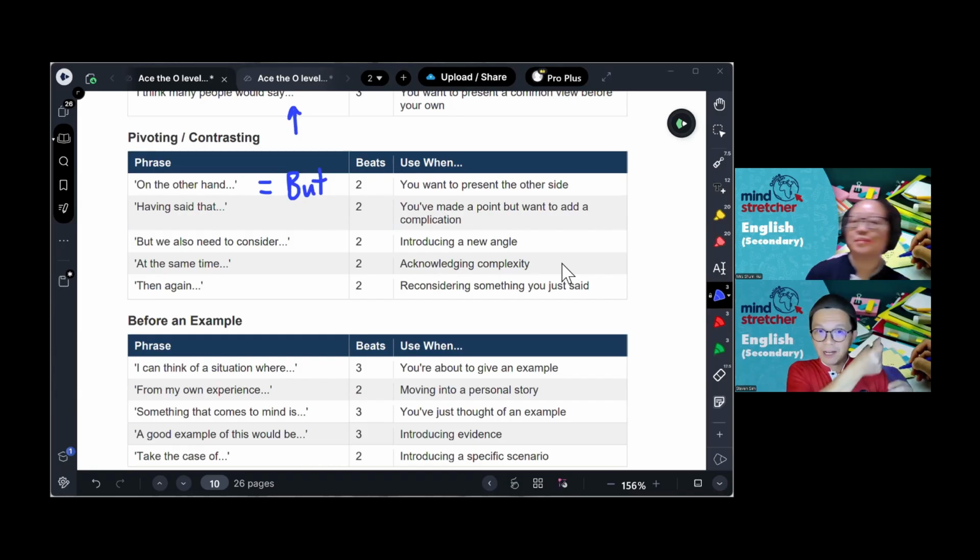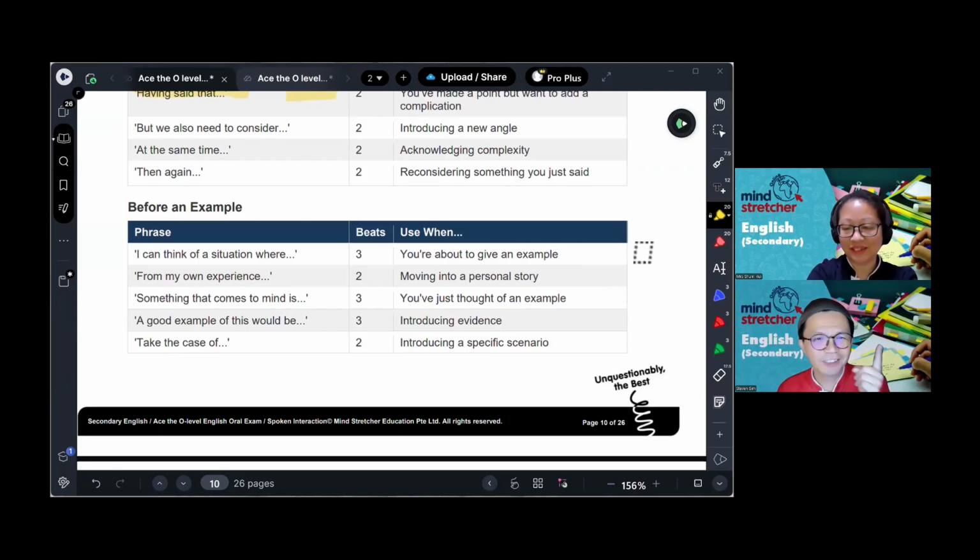So you just fire it off and then your brain is free to think and plan about what you really want to talk about. Do you understand? So the reason why we have short phrases and long phrases is because the long phrases are for you to buy time for yourself to think. Okay?